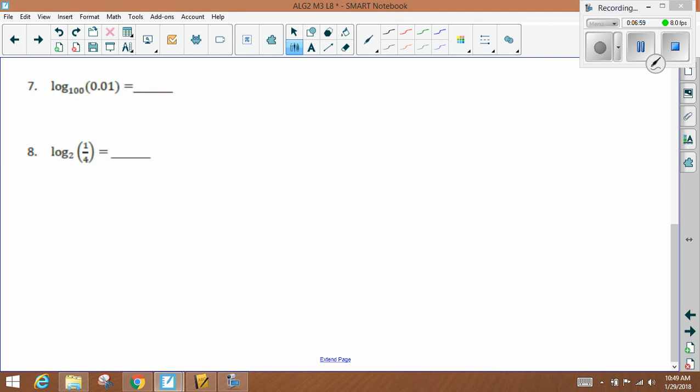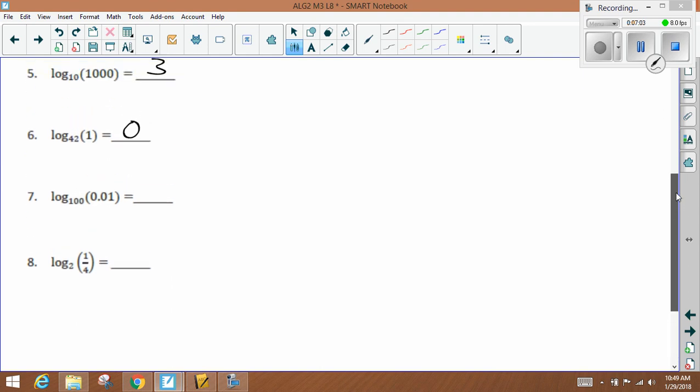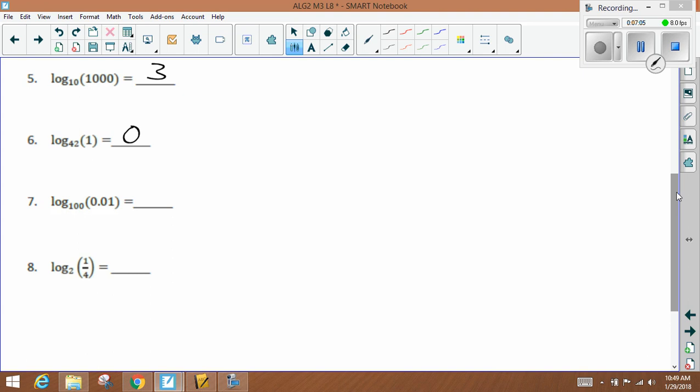Ooh, this one's interesting, huh? 100 to what power is 0.01? You're on the right track. You're even closer. Let's look at it like this. 0.01 is equal to 1 over 100.